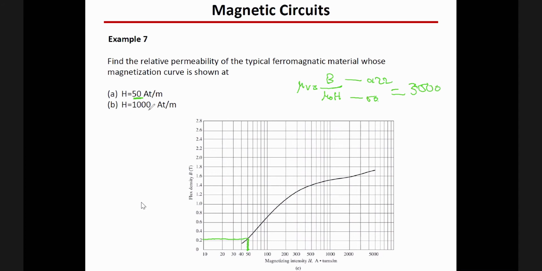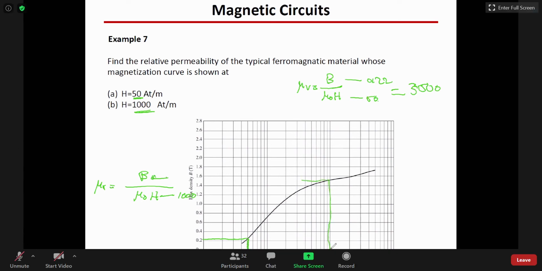So if we do it again for 1,000, what's the procedure? Same, B over mu naught H, where H here is 1,000. What about B? We go to 1,000 and try to find the corresponding value, which is almost 1.5.